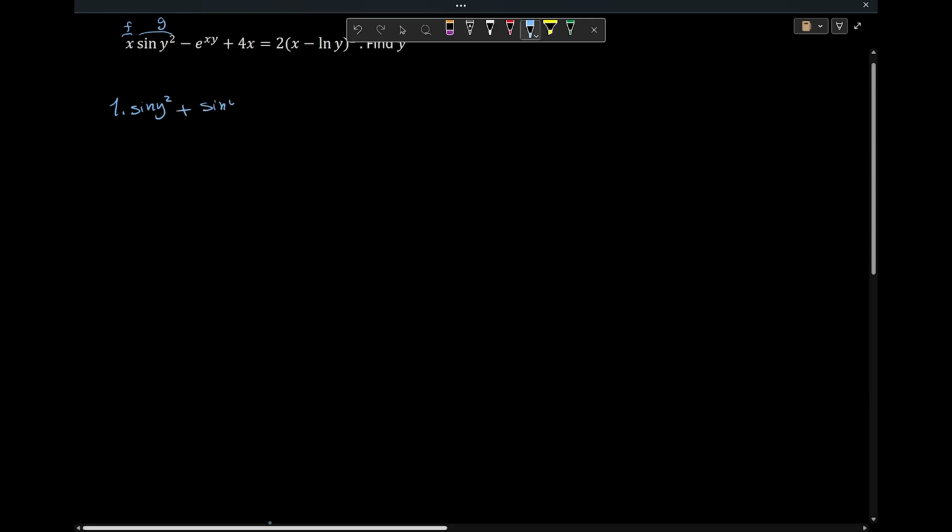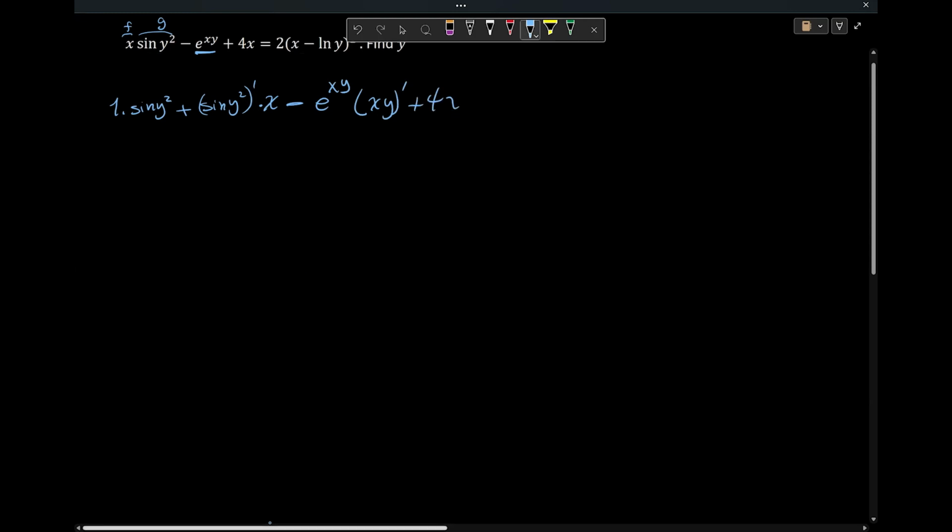Let me put that there because we're going to work on this. This is a little bit challenging. Times x minus, we're here now. The derivative of e to a function of x is itself times the derivative of the power, or the argument.